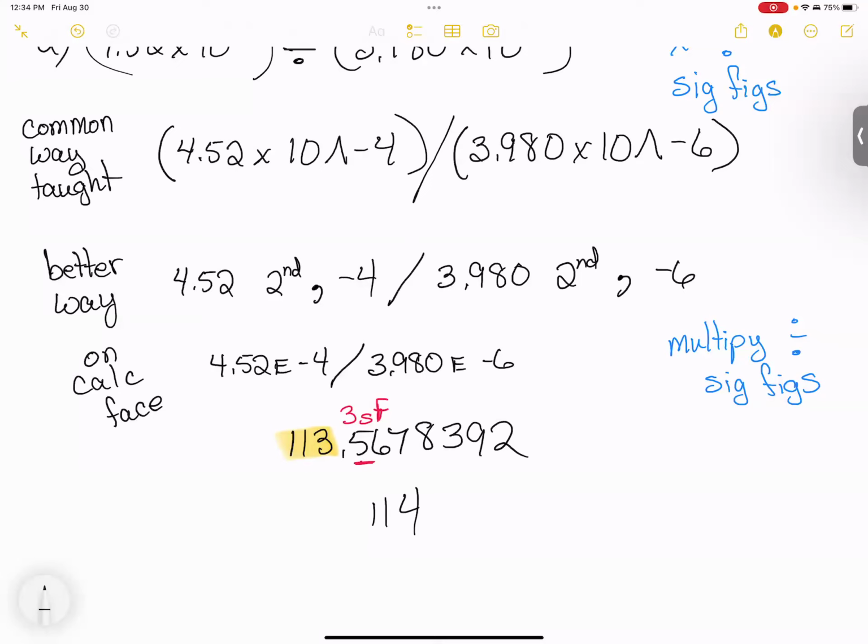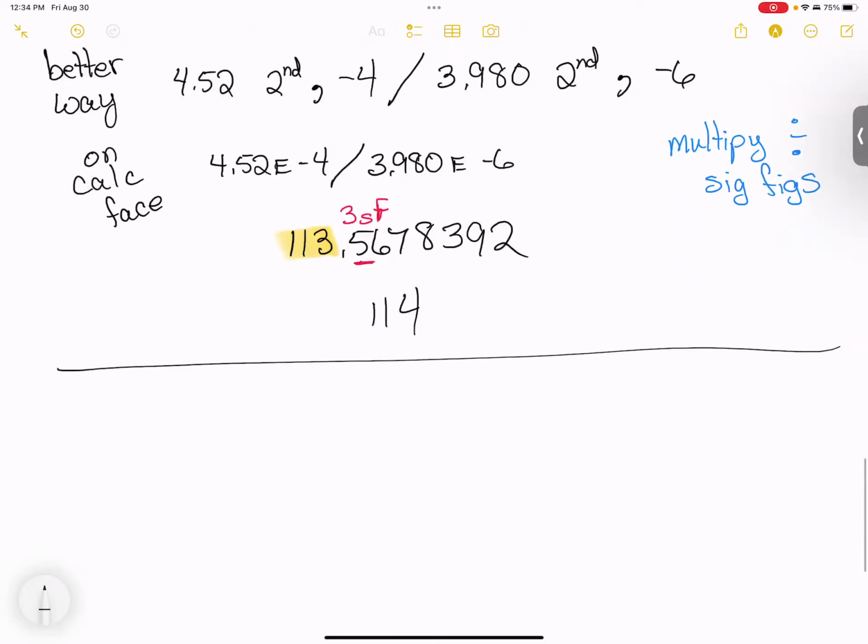Because every calculator is a little bit different. And they've tried to make things easier in some regards.